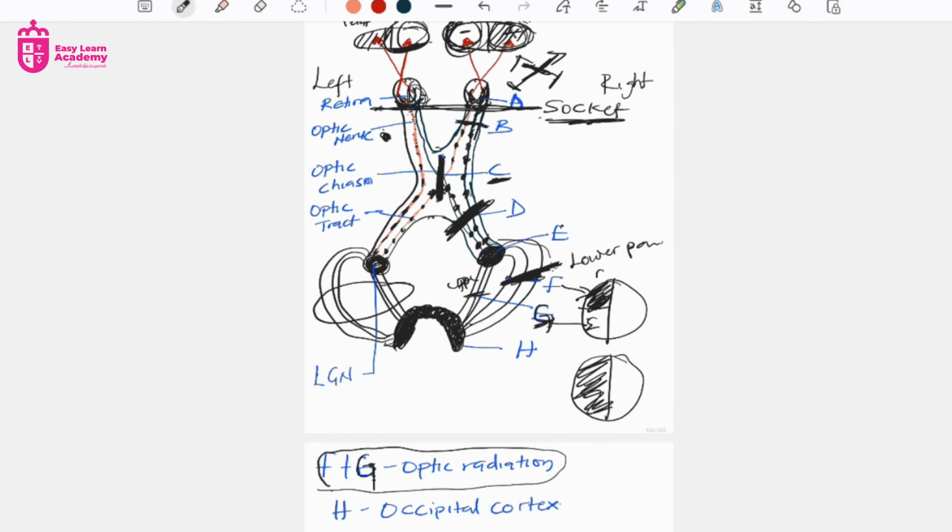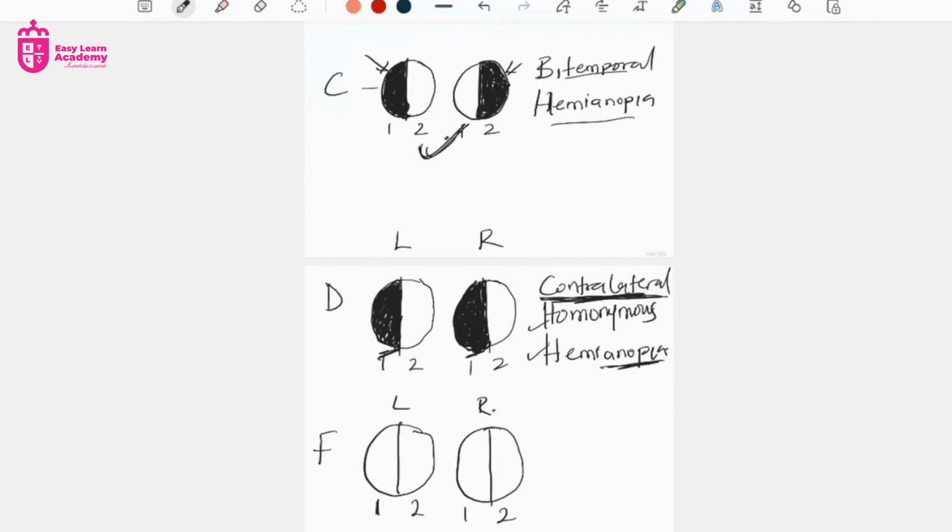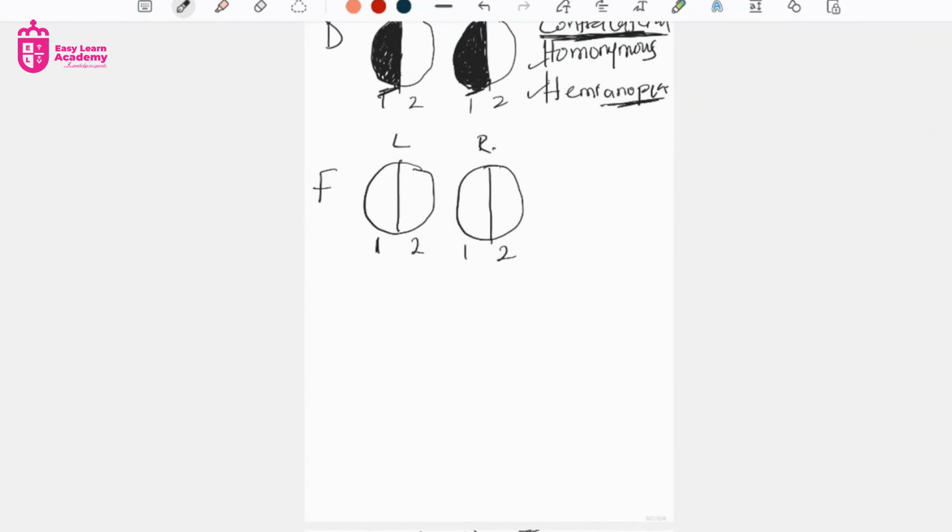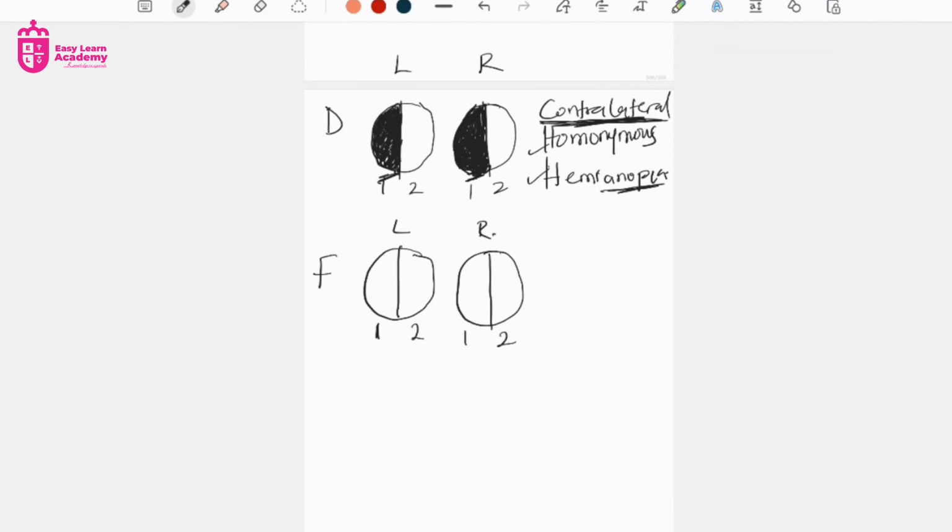So, the lesion is on the left. So you are doing F. Yeah, F, and F is lower. Okay. So the lesion is on the left, so it will be 1 superior, 1 inferior.